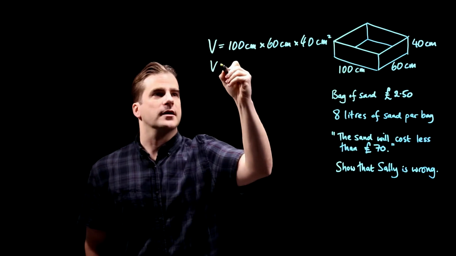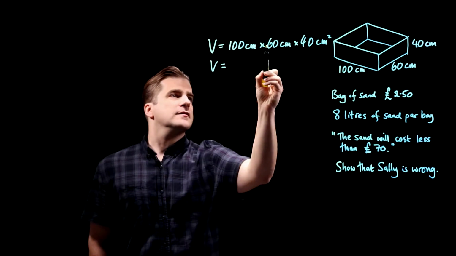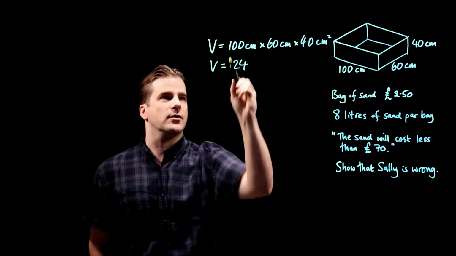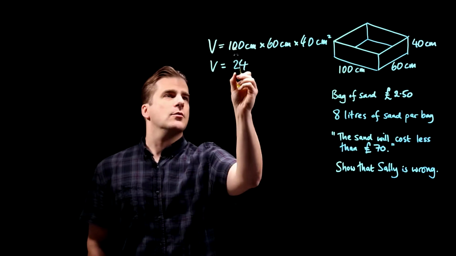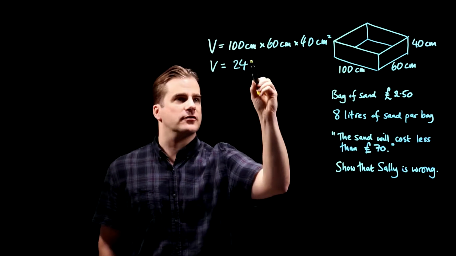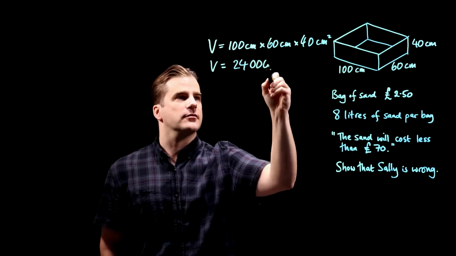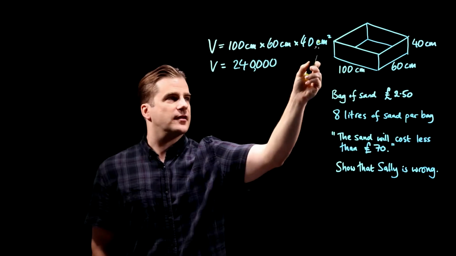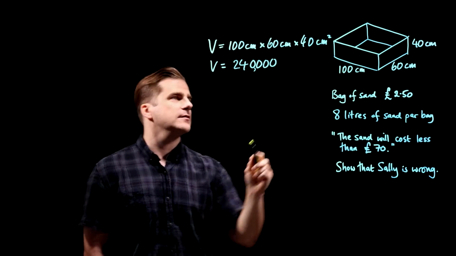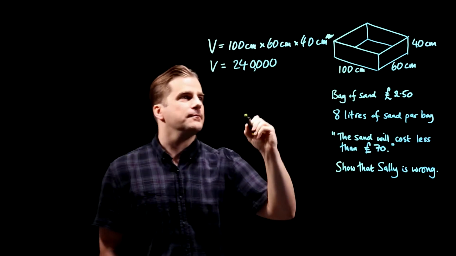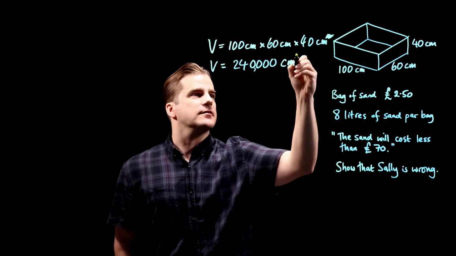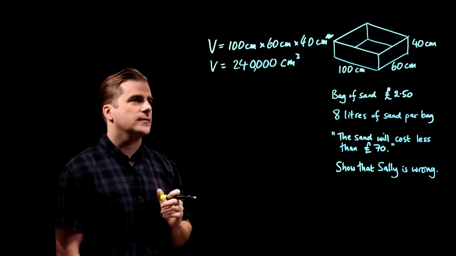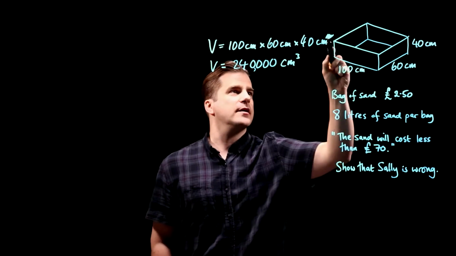So the volume is 6 times 4 is 24 times 1 is 24, and then 1, 2, 3, 4 zeros. In the unit, centimetres times centimetres times centimetres, why did I write squared there, is centimetres cubed. Okay, so we've got the volume of the sandpit.